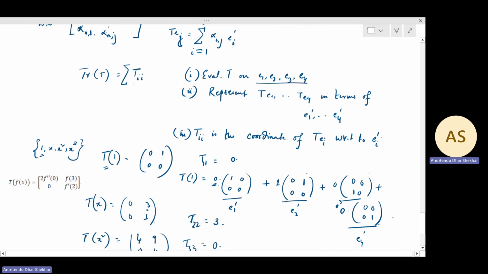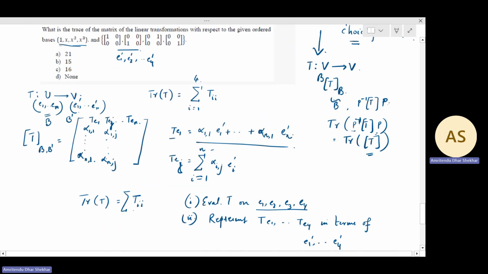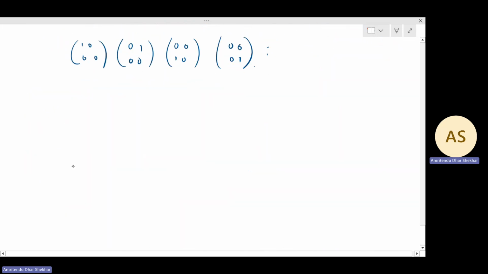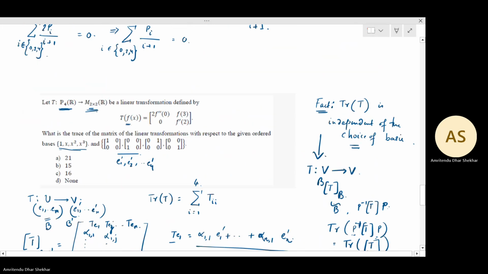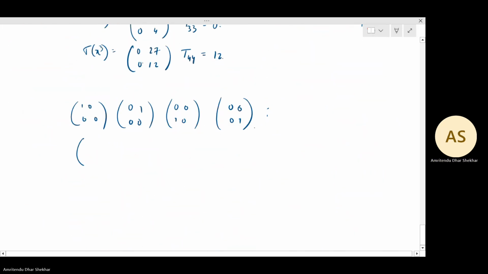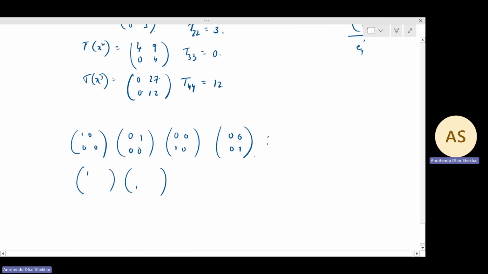So the basis that we have considered over here is 1 0 0 0, 0 1 0 0, 0 0 1 0 and 0 0 0 1. This is our basis, and the basis that they have given is 1 1 and then 1 1.